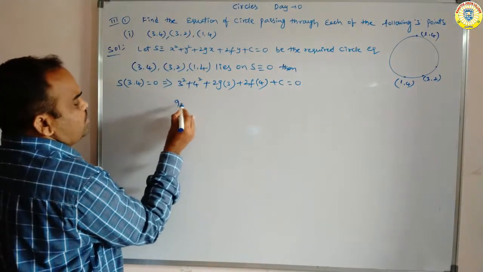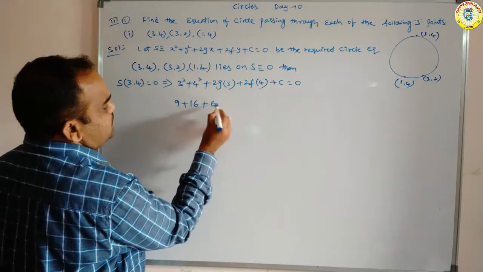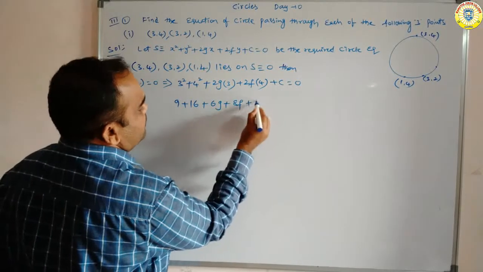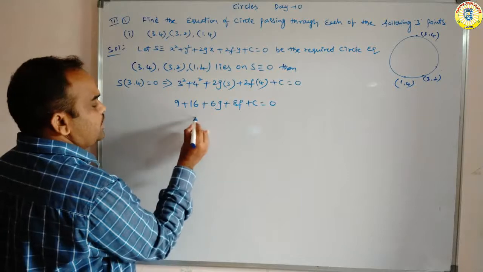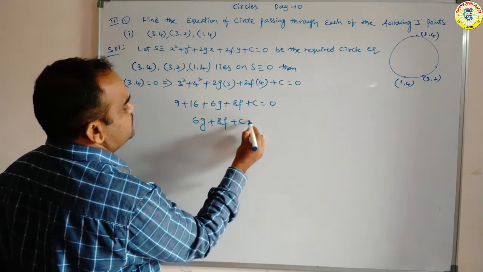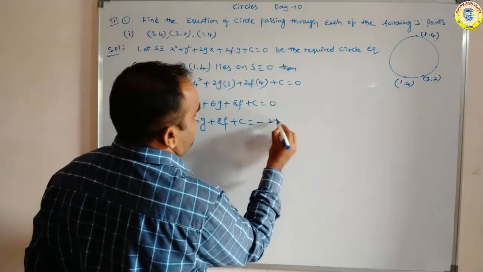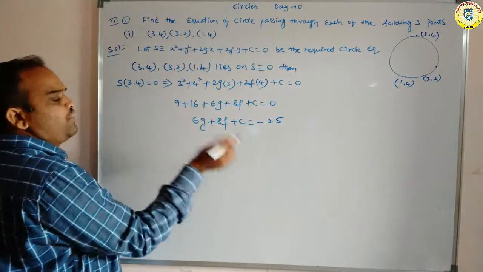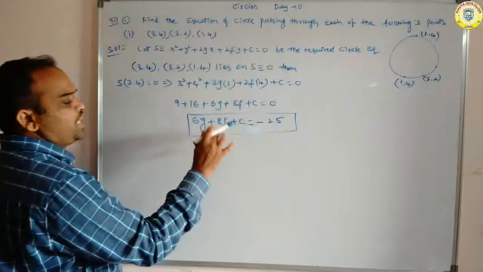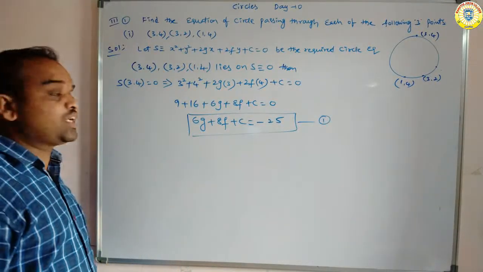Here 3 square is equal to 9, 4 square is equal to 16, 2g into 3 is 6g, plus 2f into 4, 8f, plus c is equal to 0. So 6g plus 8f plus c is equal to minus 25, taking 9 plus 16, 25, to the right side. This we are taking as equation 1.